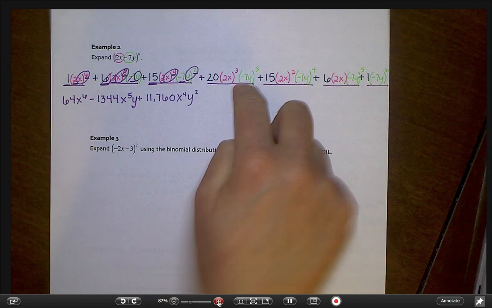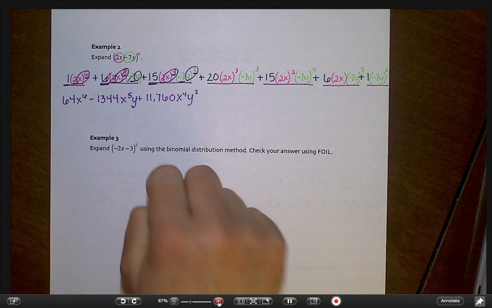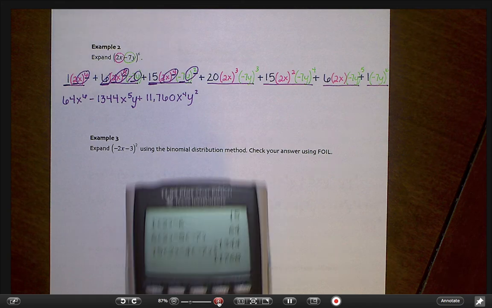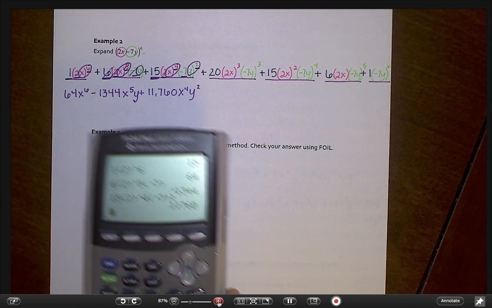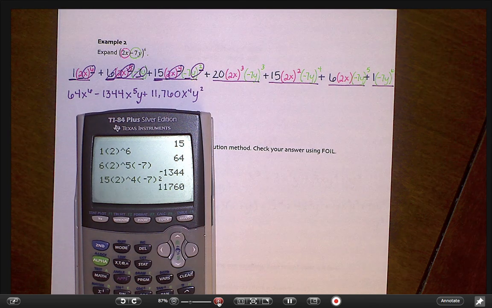So try combining all of those numbers. Just get this number here, okay, when you combine all those pieces, and then we'll do the x and y piece together. But let's just make sure you get the right one. So pause the video, give that a try. What I am typing in for this next one is 20 times 2 to the 3rd power times negative 7 to the 3rd power.